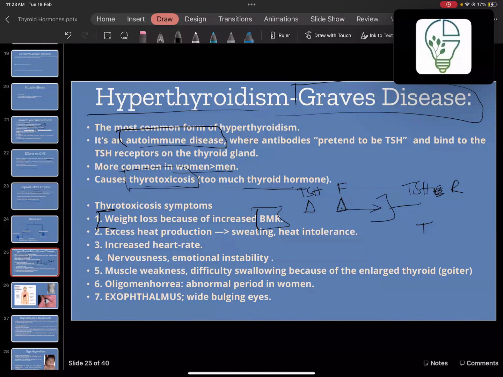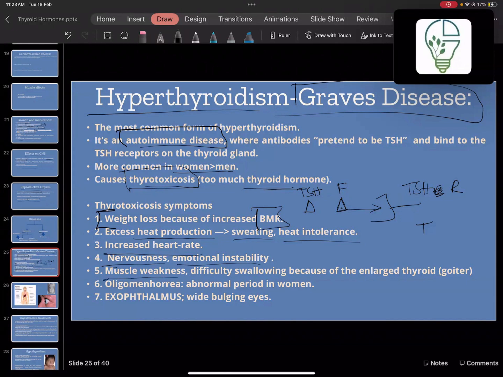It also causes excess heat production because of the increased basal metabolic rate. So that causes sweating and heat intolerance, increased heart rate because we mentioned the cardiovascular effects, and increases the chronotropic and inotropic effects. It increases nervousness and emotional instability because we said thyroid hormone is important for emotional regulation.